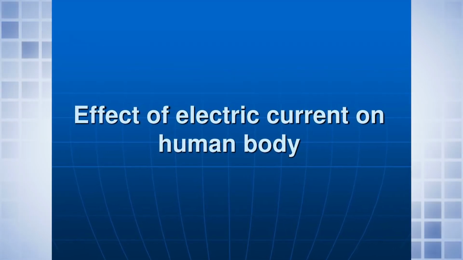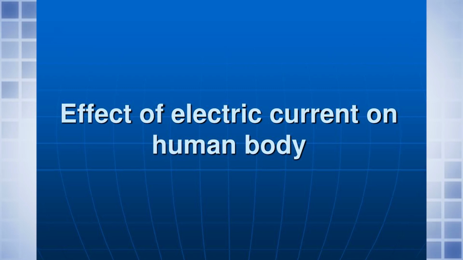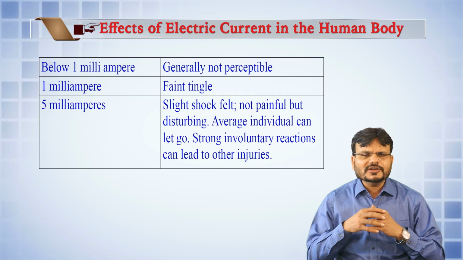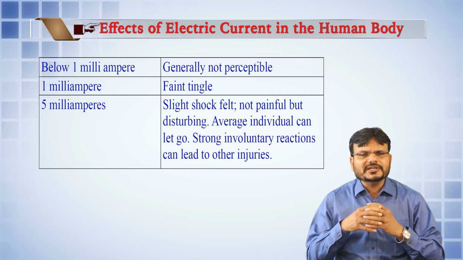Now we are going to discuss the effect of electric current on the human body. It is very important to know how electric current can affect a working electrician or engineer while working on an electric line. So now we will see the effect of current on the human body and what the effect is at what amount of current flowing through the body. If 1 milliampere of current is flowing through the body, you will feel a faint tingle.